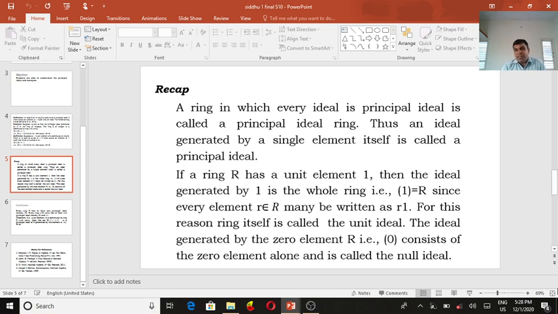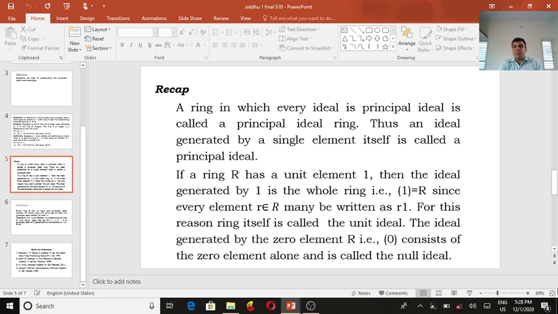Now, if a ring R has a unit element 1, then the ideal generated by 1 is the whole ring. If we multiply 1 into Z, it is the same set. So 1 is a generator of the whole ring.